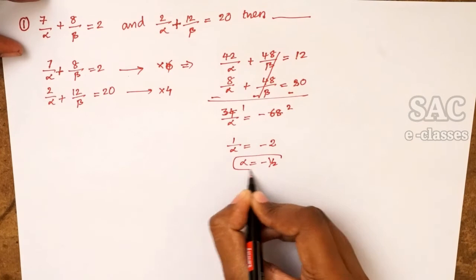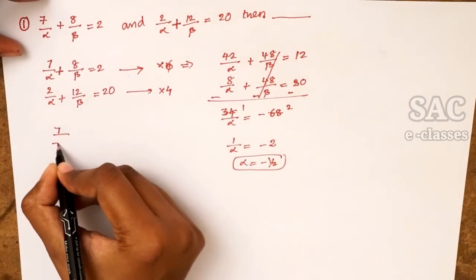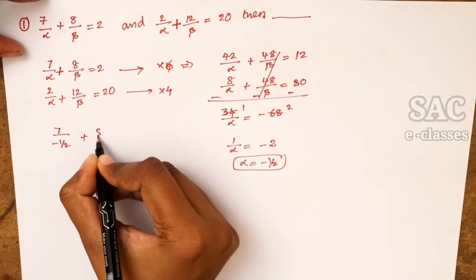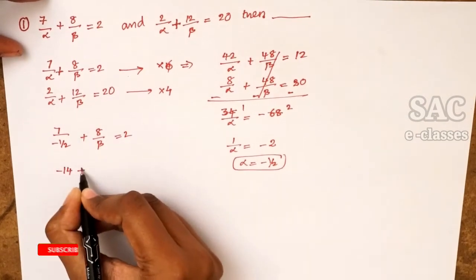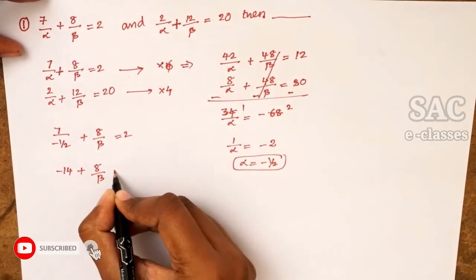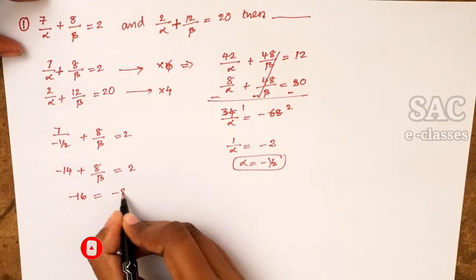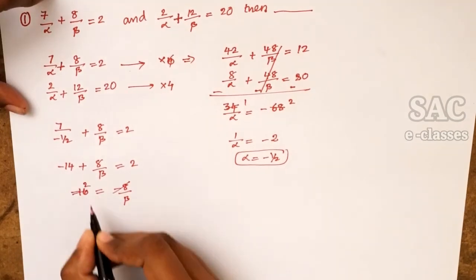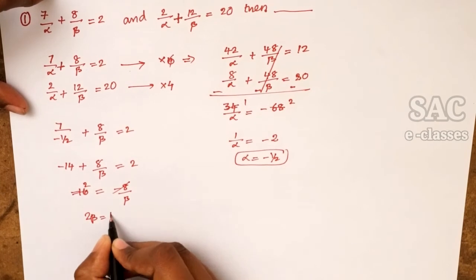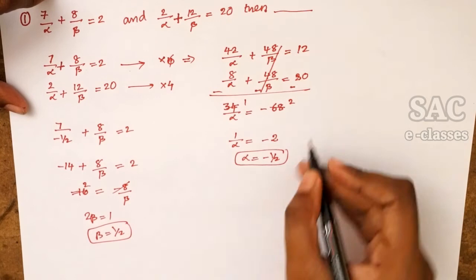We got that alpha value is minus 1 by 2. Substituting, 7 by minus 1 by 2 plus 8 by beta equal to 2. You'll get minus 14 plus 8 by beta is equal to 2. Minus 16 is equal to minus 8 by beta. Beta is equal to 1 by 2.